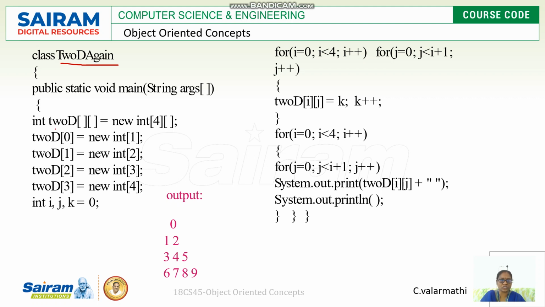So how the two-dimensional array will be declared: this is the declaration part. Here 2D is my variable name. Using the new operator, it is declared. Here only the number of rows is specified, the number of columns is not specified.